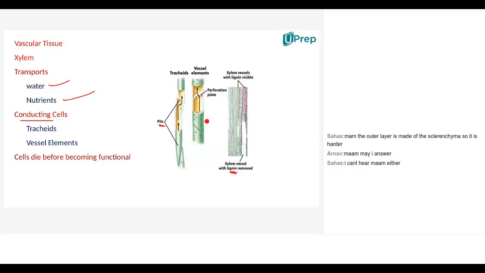Now here the point you have to understand is that the flow of water is not at all related to the tracheid or vessel cell. I'm repeating, tracheids and vessels both are dead cells.